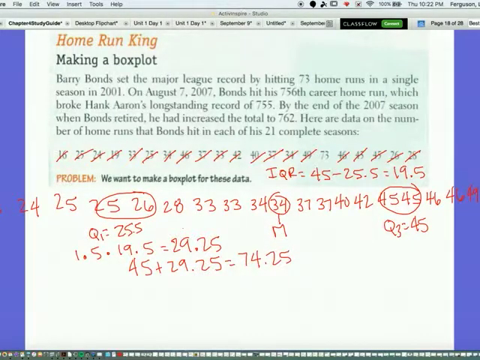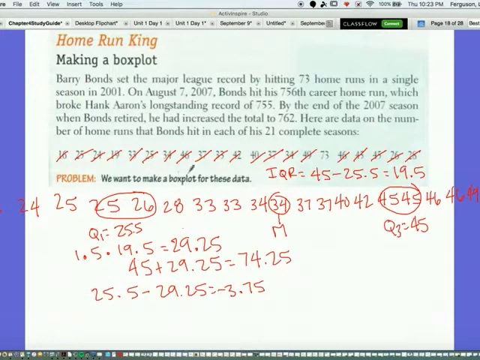My maximum is 73, which means I'm good on that side. Then I do the other way: Q1, which is 25.5, minus 29.25, and that would give me negative 3.75. Obviously I can't have negative 3.75 hits in baseball, so I definitely don't have any outliers on that side.